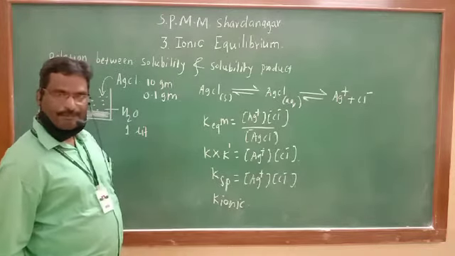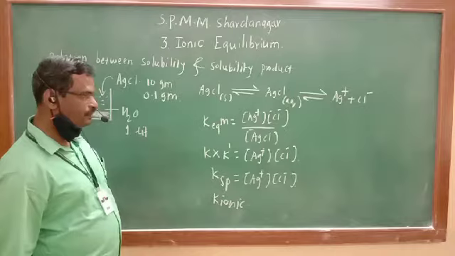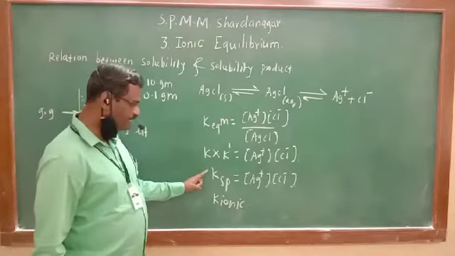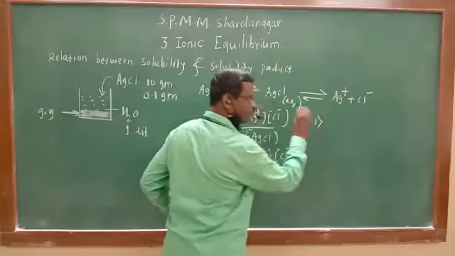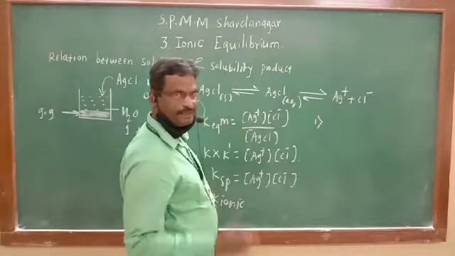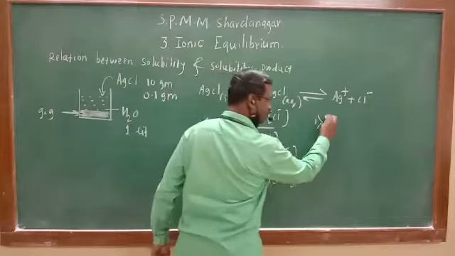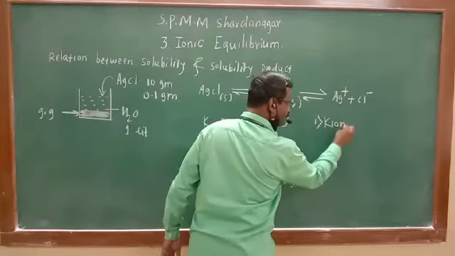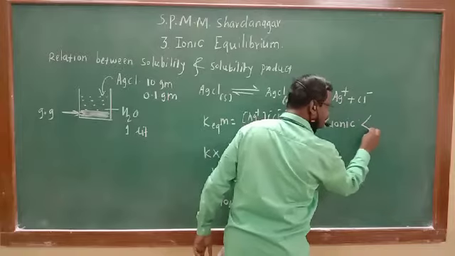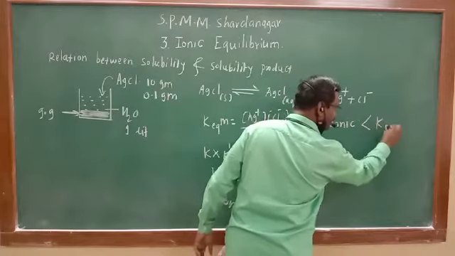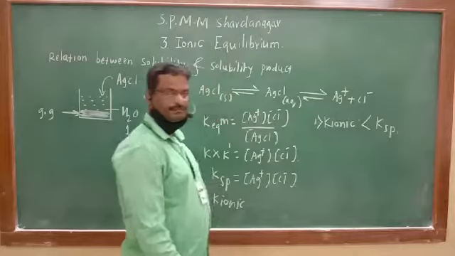Therefore, depending on the relationship between KSP and K ionic, 3 types of solutions are prepared. Let us see it one by one. First one, K ionic is less as compared with KSP, the solubility product.